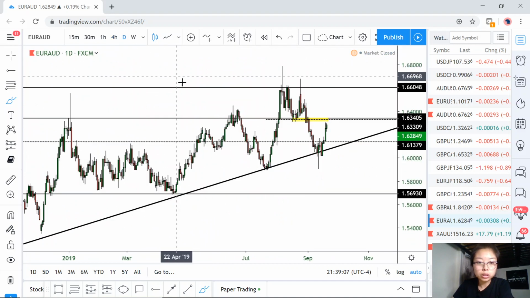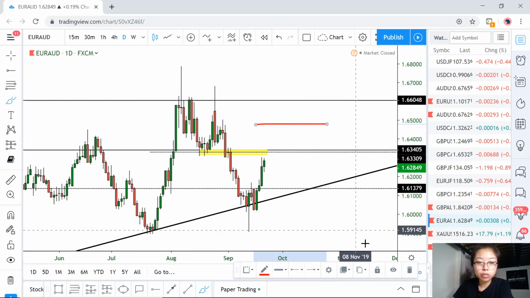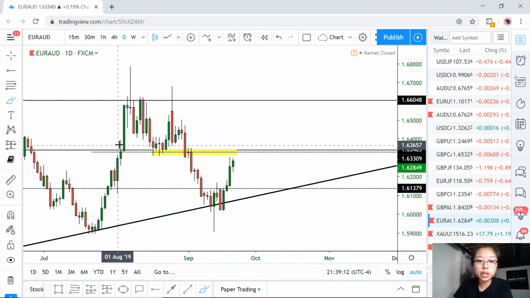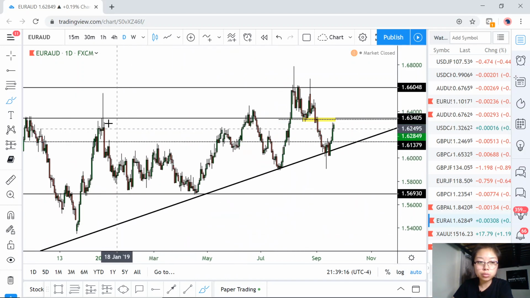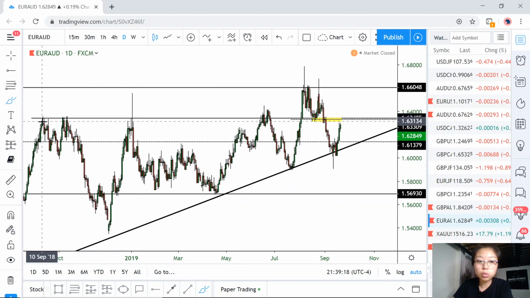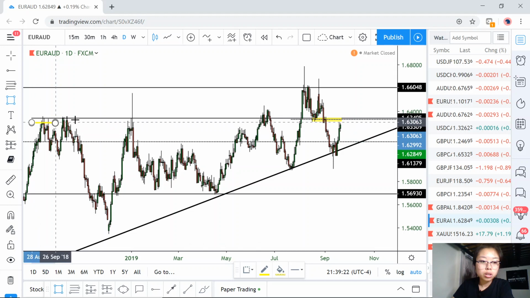Euro AUD. On the daily, we are approaching the neckline, the support that it broke, which is also a little level back here as well. Actually a major level.